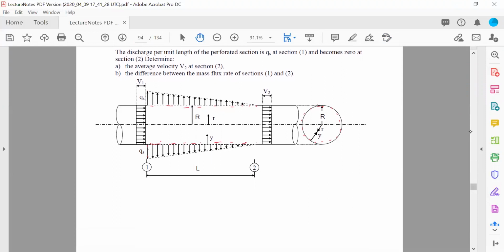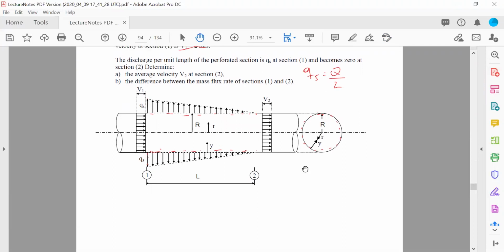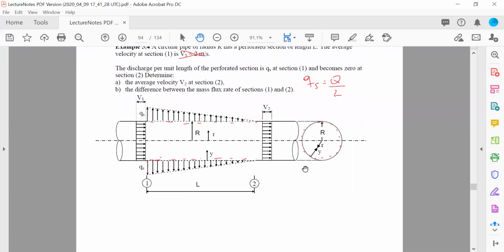It is said that discharge per unit length of the perforated section is Qs. This Qs is given as discharge per unit length, so that we need to surely convert it to regular discharge.